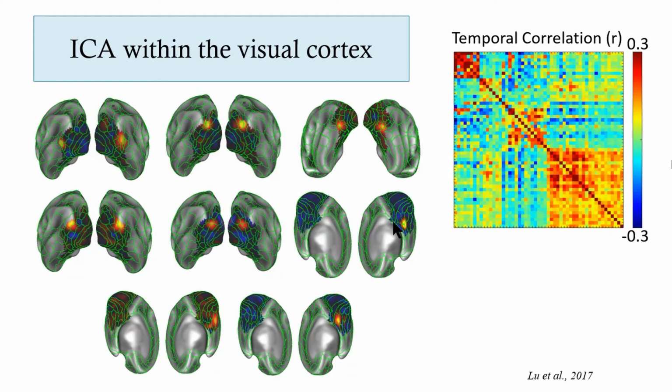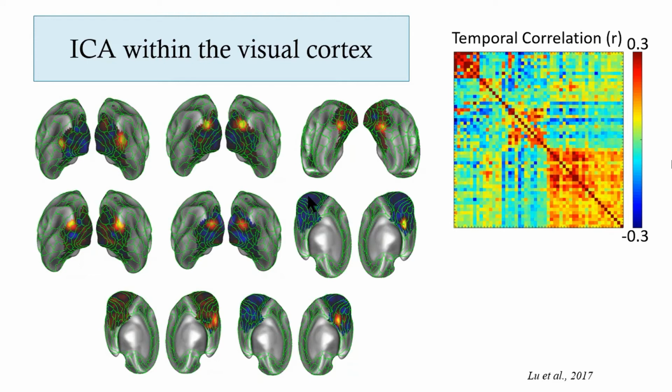We can also apply independent component analysis to the activities within a specific system, in this case still the visual cortex. And you can end up with a number of different ICA components. We may interpret these as subvisual networks, or maybe not. But nevertheless, you see some bilateral patterns and some unilateral patterns.